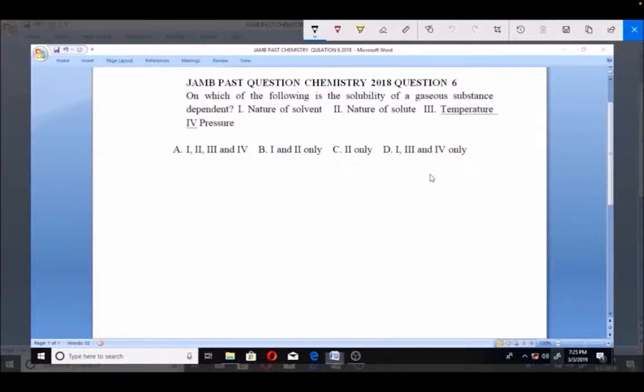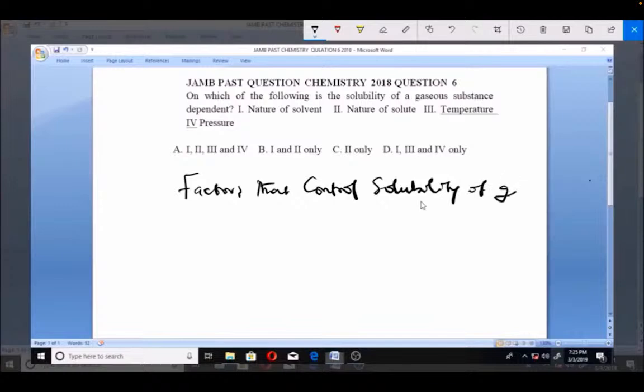What are the factors that control the solubility of gases? When you check through your textbook, you're going to find out that some of these factors are, number one, very, very importantly for gases, pressure.